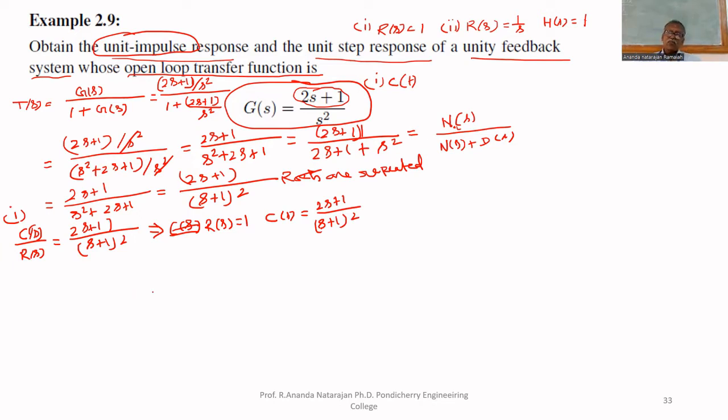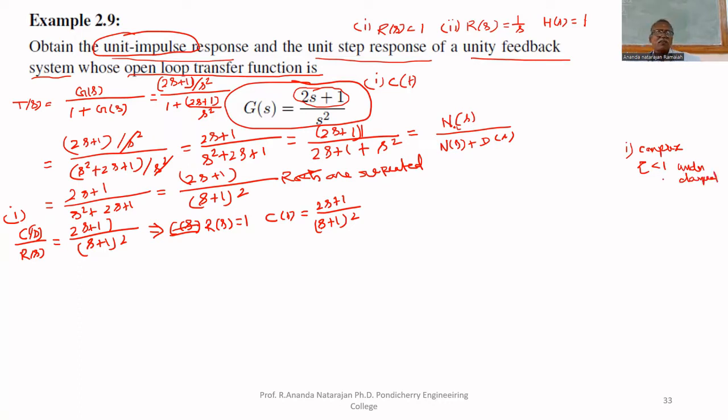We know the response for an underdamped system. In that case, what is the nature of roots? Complex roots. Zeta less than 1 means complex roots. Here, real roots, repeated roots. Complex conjugate means zeta is less than 1. So, underdamped response.